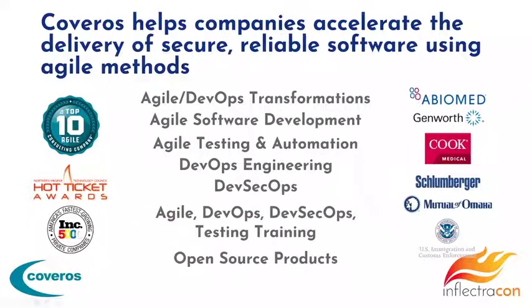We also provide live and virtual training to help our customers improve, with over 50 training courses that include introductory through advanced levels of Agile, DevOps, DevSecOps, and testing training. We also have a number of open source products that we support and make available to the community.